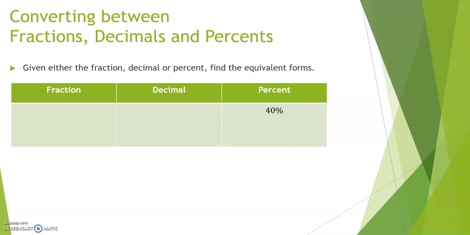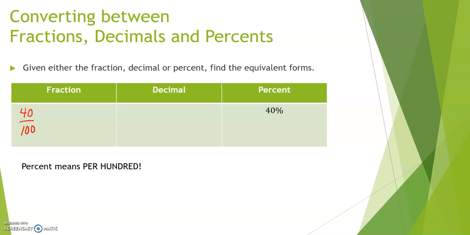We're going to be converting between fractions, decimals, and percents. Given either the fraction, decimal, or percent, find the equivalent form. Given 40%, think about what the word percent means. Percent means per 100. So the fraction for 40% is going to be 40 over 100.